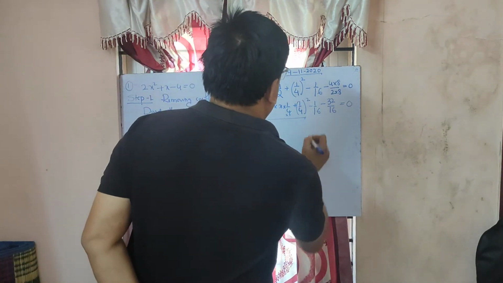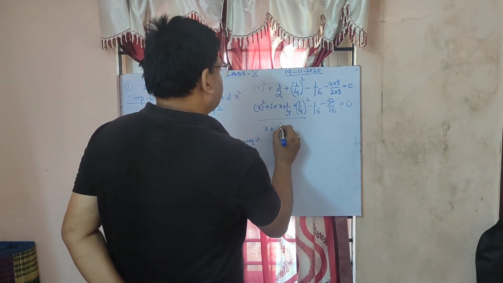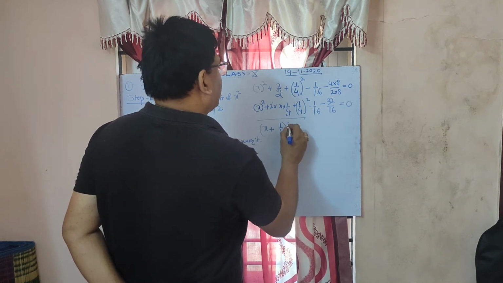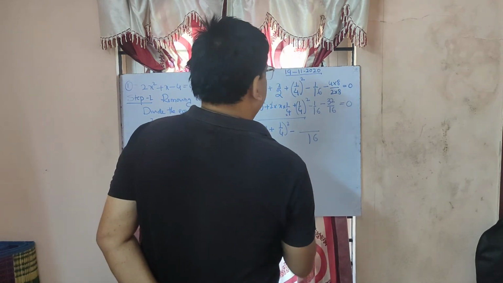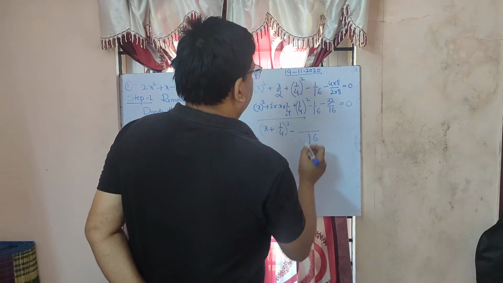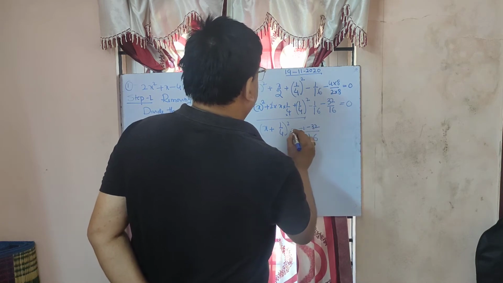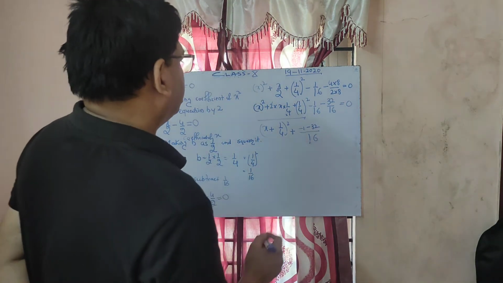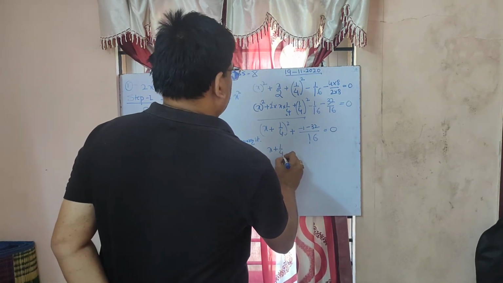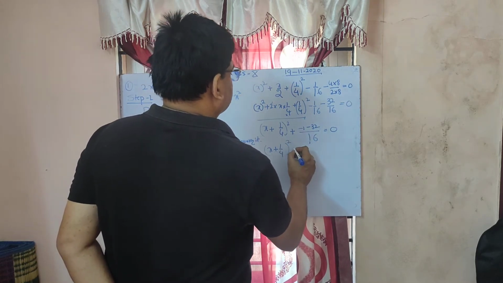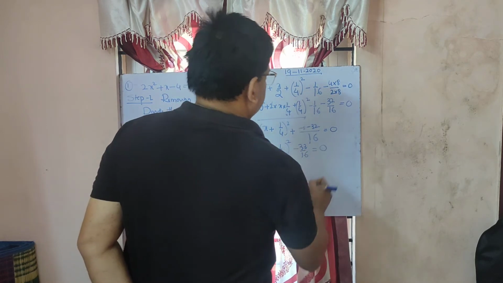Now this is of the form a plus b whole square. What is a? x. What is b? 1 upon 4 whole square, minus, now having the same denominator, 1 minus 32. We just write plus here; there will be no change. Is equal to 0. So x plus 1 upon 4 whole square, minus 33 upon 16 is equal to 0.